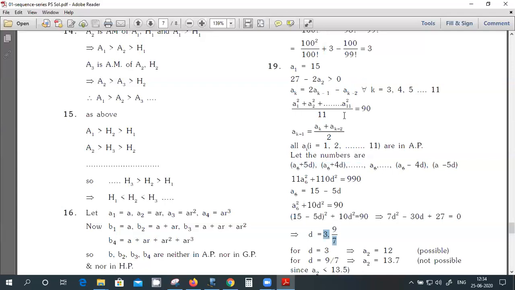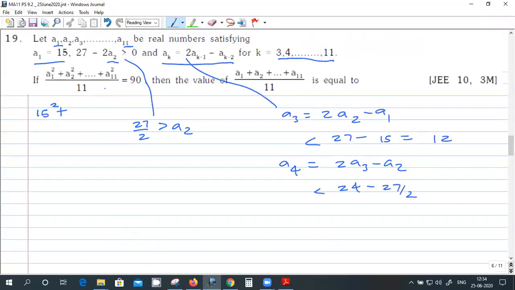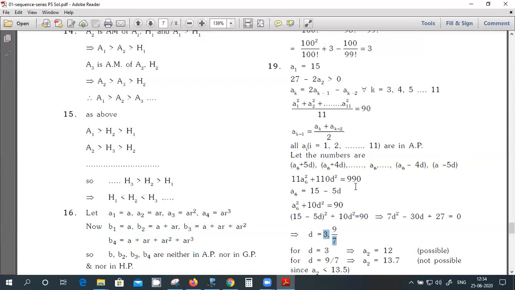And he has given the sum of squares as 990. So you have A6 minus 5D and A6 plus 5D.